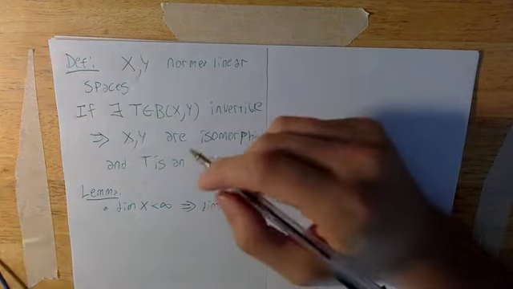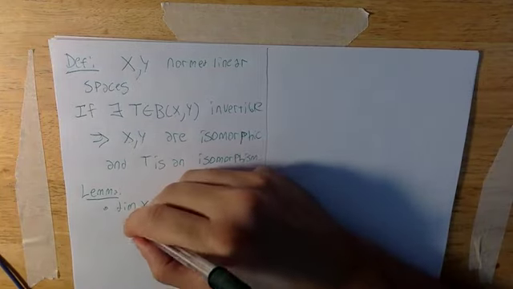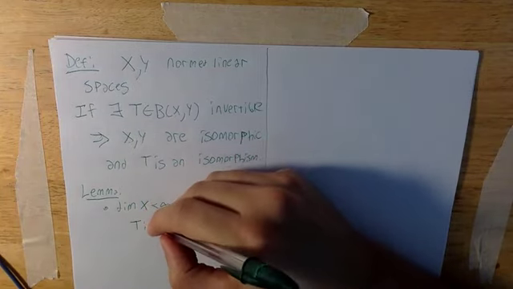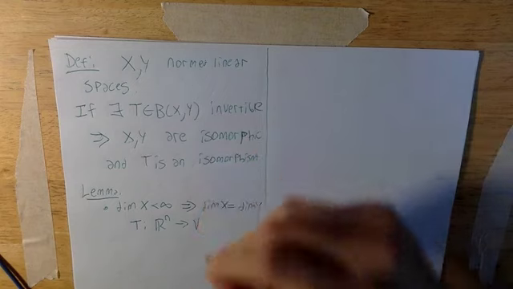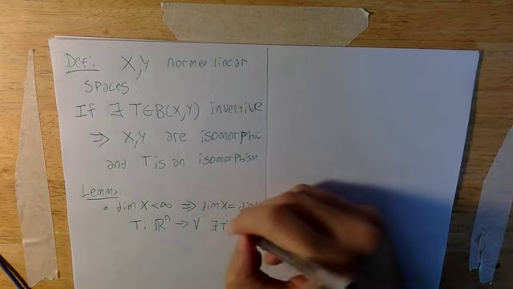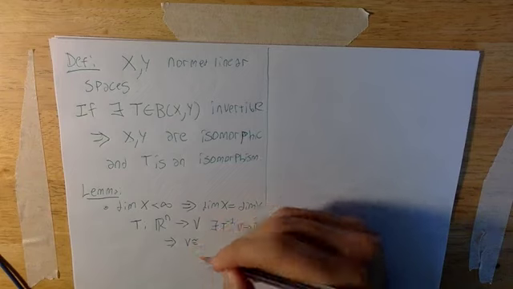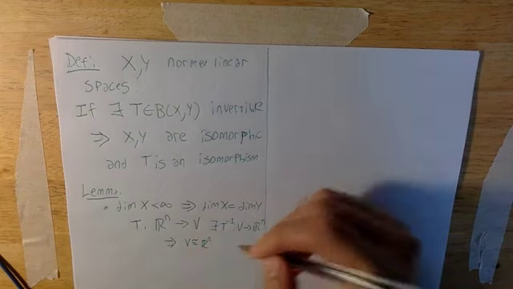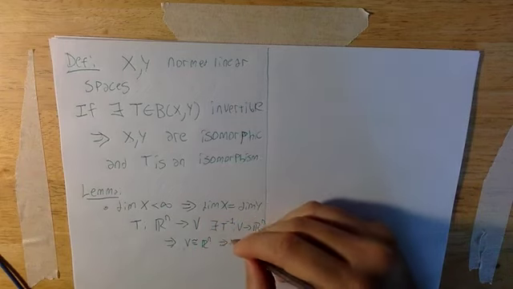If you have an operator T going from Rn onto V, which is just some vector space, and there exists the inverse going from V to Rn, then V is isomorphic to Rn, and this implies the dimension of V is equal to n.